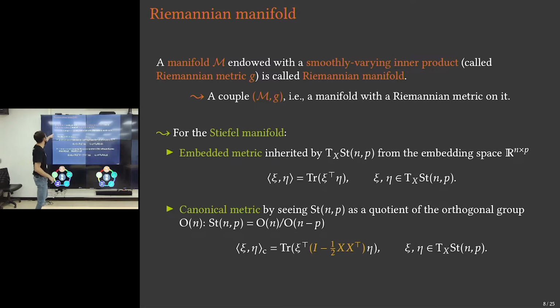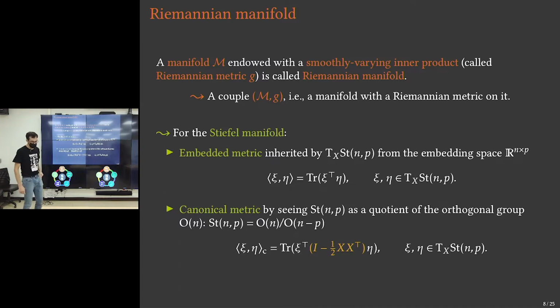Let's just remind that a Riemannian manifold is a manifold endowed with a smoothly varying inner product, which is called the Riemannian metric. So rigorously it is a couple: a manifold and a Riemannian metric on it.